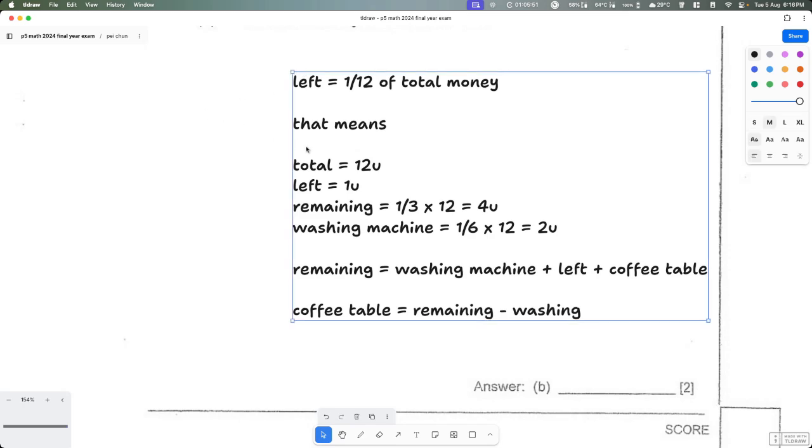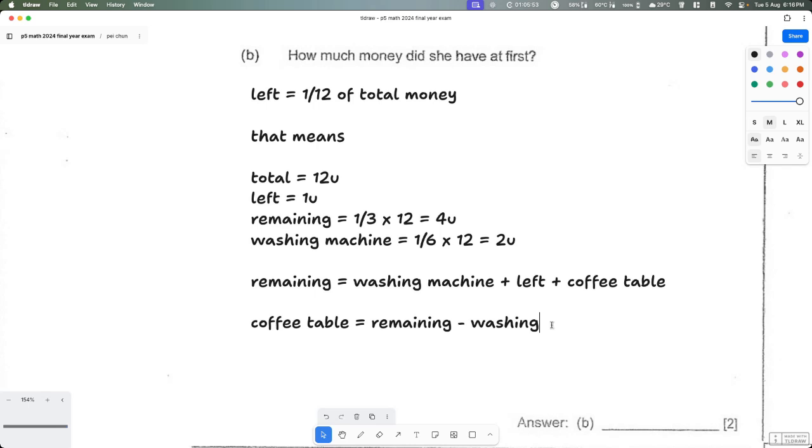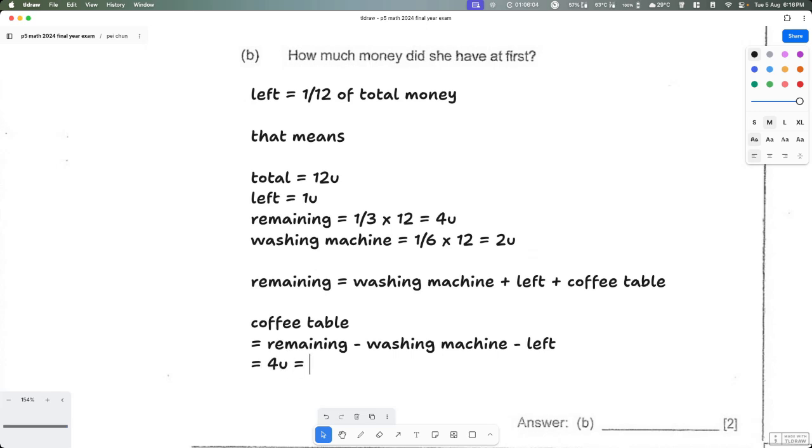Remaining is 4 units, washing machine is 2 units, and left is 1 unit. So this becomes 4 minus 2 minus 1, which is 1 unit.